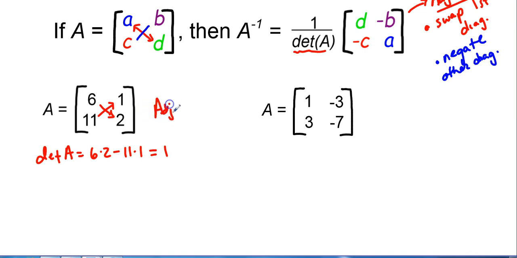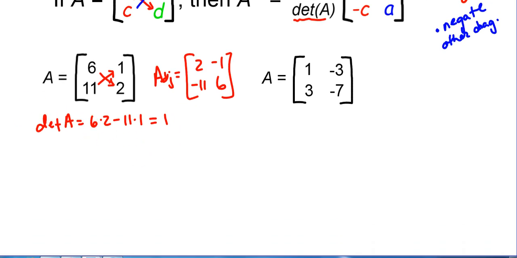I'm going to define my adjoint matrix: I take the first diagonal and swap those entries. Those two entries trade places, and then I negate the other entries. So that's my adjoint matrix for this particular one.